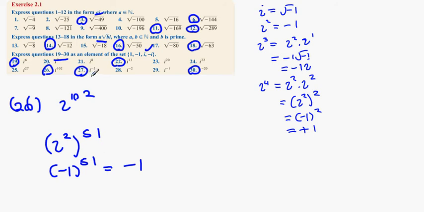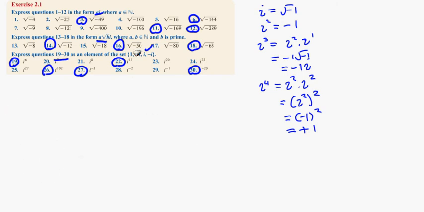Okay. Now, i to the power of minus 3. Now this is an unusual one. Very hard to know what to do with this one. So this is question 27. It's going to be i to the power of minus 3.